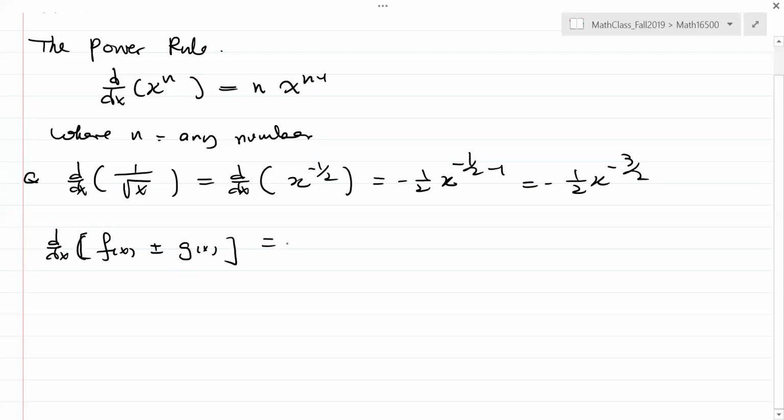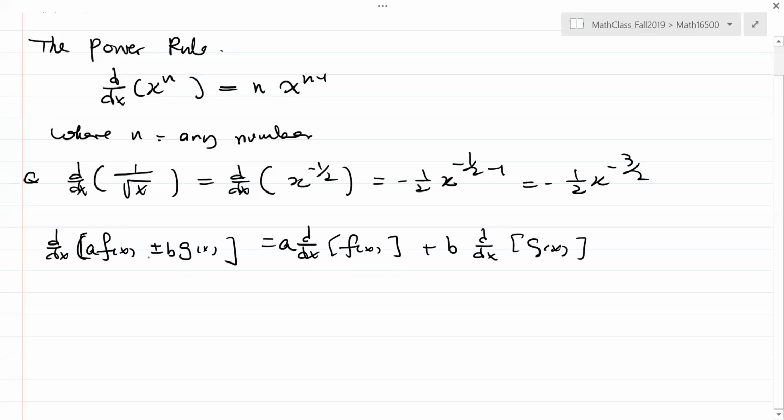You just need to differentiate each term. I would like to put constants here, a and b. So you take a out, you differentiate f of x, plus b, differentiate g of x.